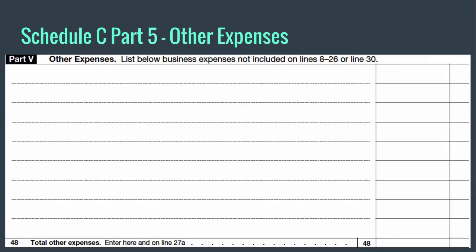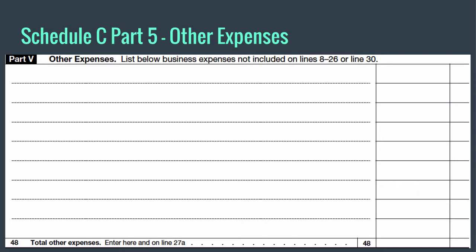Part 5 is the other expenses. So we're using Part 5 to spell out those other types of expenses. So things like your bank fees, like your bank account fees if they charge you a monthly service fee, reference materials, education courses that you've taken, especially if they're not at an accredited school, just like online courses, training on Evernote, training on a specific software.